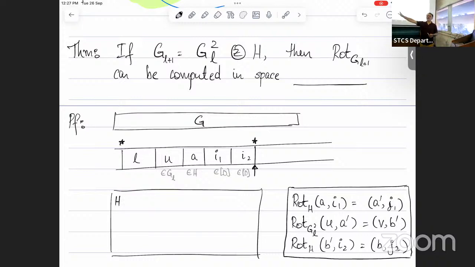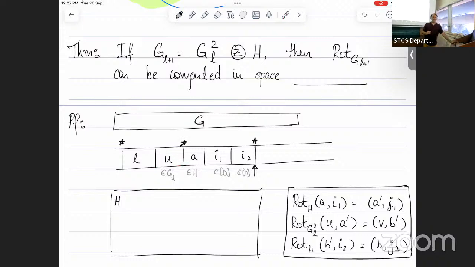This is H and has nothing to do with the family of graphs GL. Based on L, I know exactly how many steps forward I need to go because I know how many vertices there are in GL. So I go forward that many bits and then put a star here.